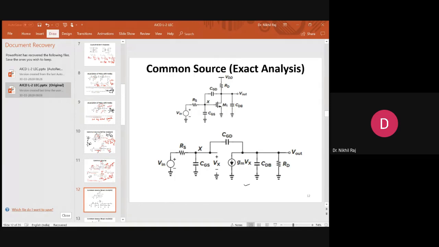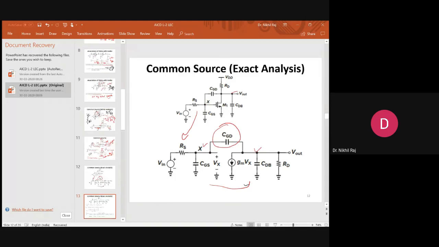We all know how to draw the small signal model. RS is here, and the transistor is represented by its equivalent model. The only new thing here is the CGD, the introduction of CGD between X and V out, coming in this common path.